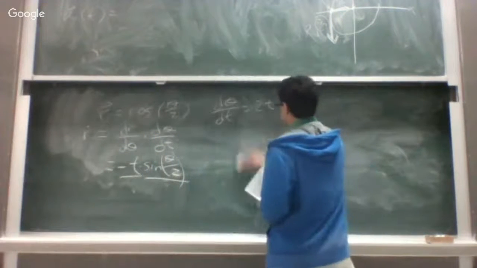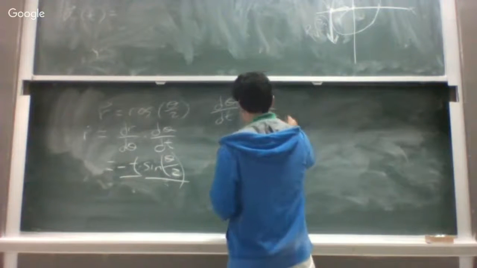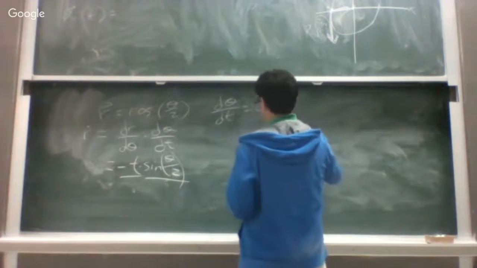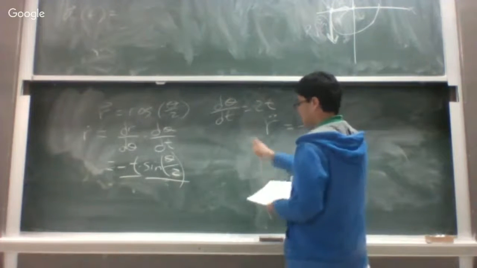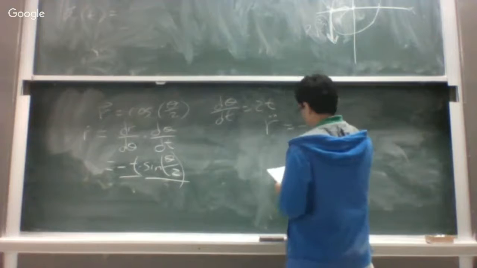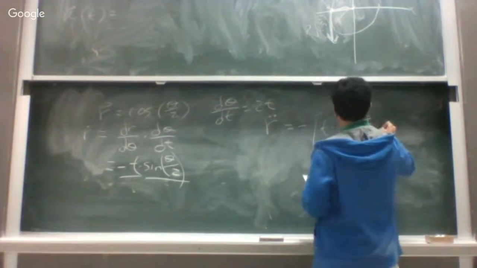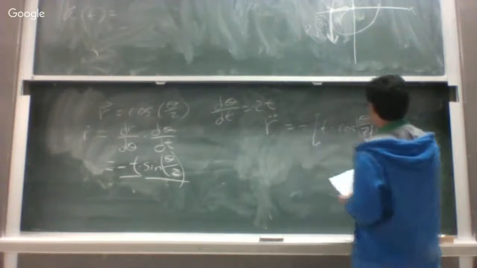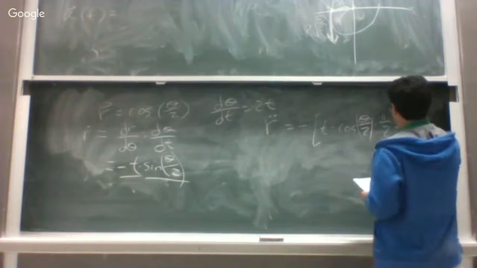So for r double dot, that will be equal to taking out the negative sign, t times cosine of theta over 2 times the derivative of the inside, which would be 1/2 d theta dt.